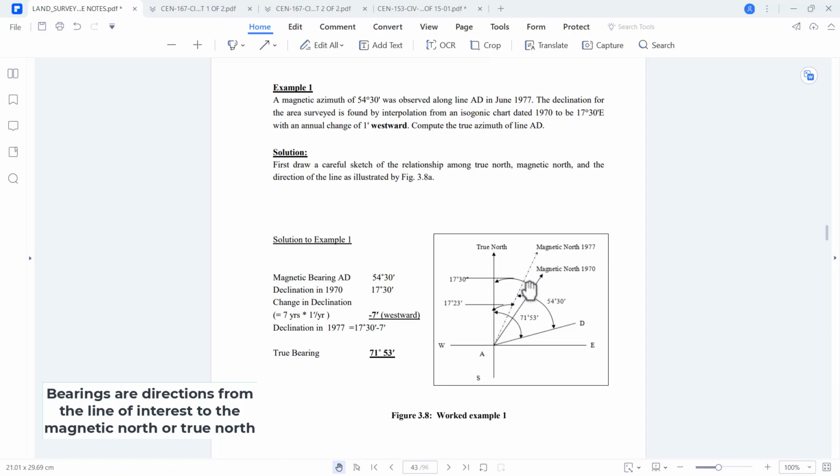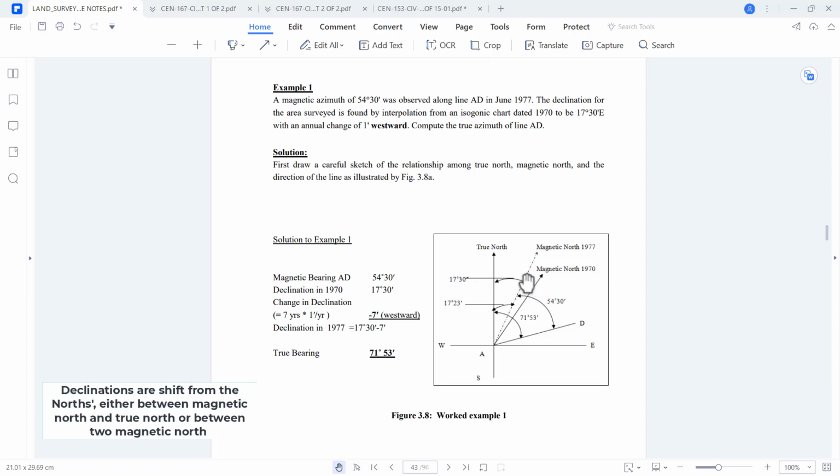So you have to draw an arrow to show that it was earlier than 1977. So this is the declination in 1970. From the magnetic north of 1970, the shift from the true north was 17 degrees 30 east.